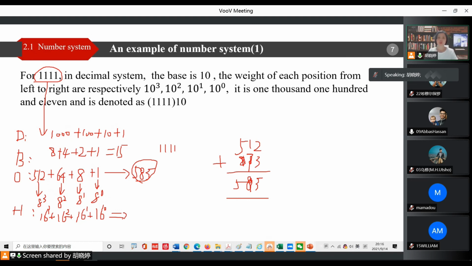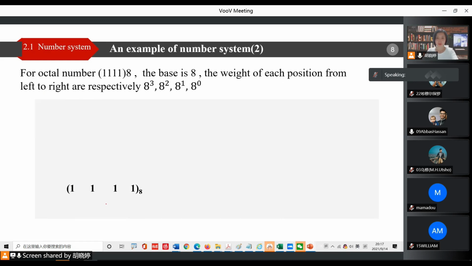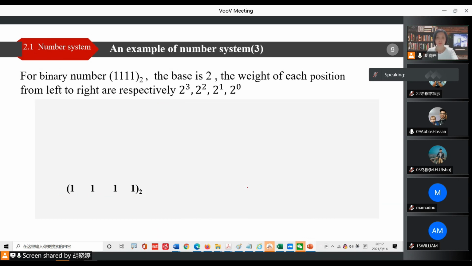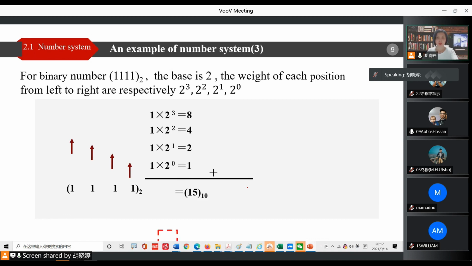So for the same form, if you use a different system, you will get a different decimal number. Binary will represent 15.